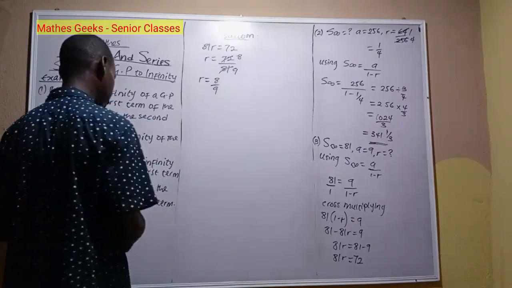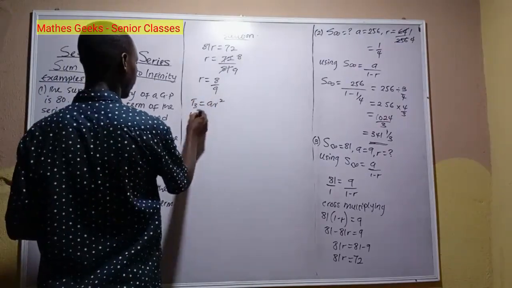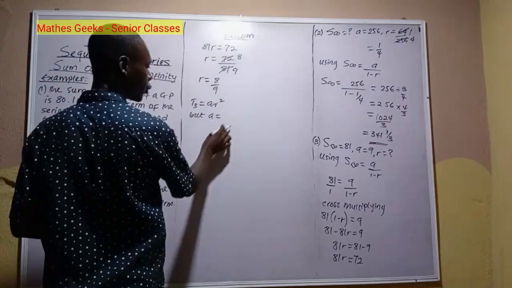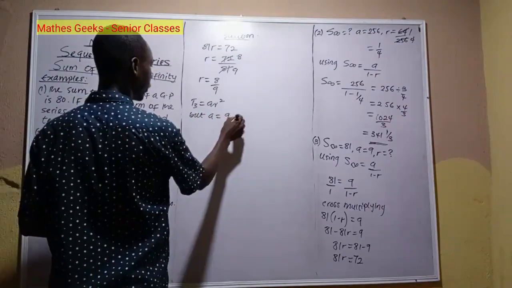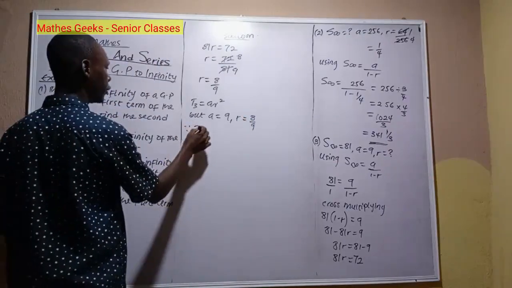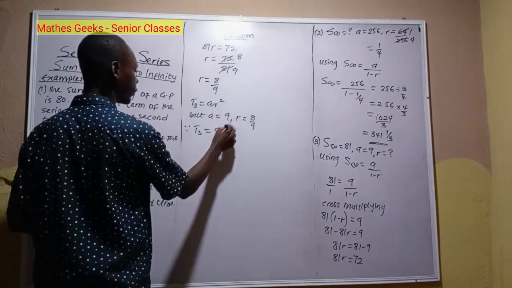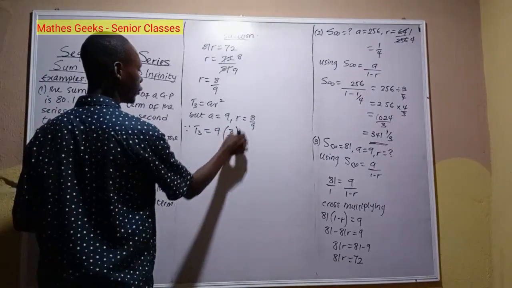Then the question says we should find the third term. T3 is equal to A R raised to the power 2. But A is equal to 9 and R is equal to 8 over 9. Therefore T3 is equal to 9 times 8 over 9 raised to the power 2.